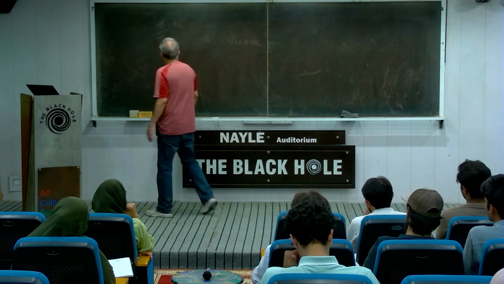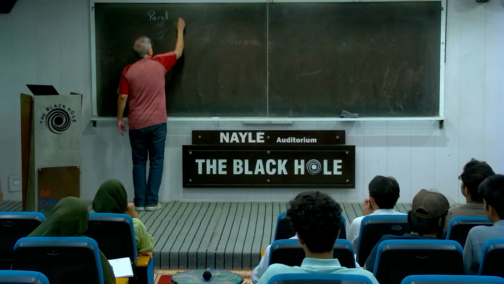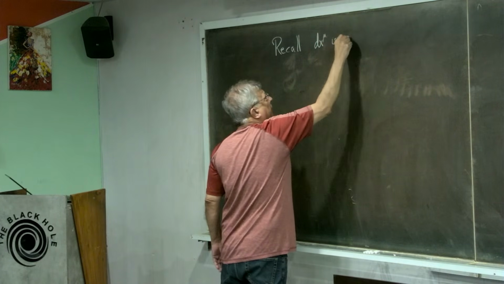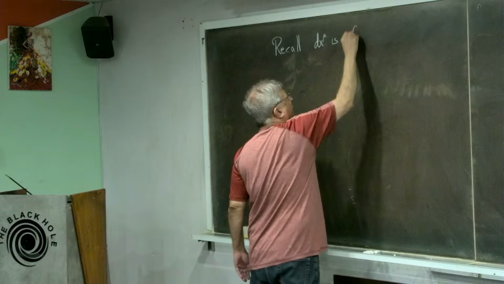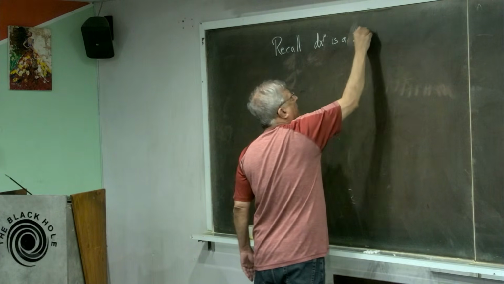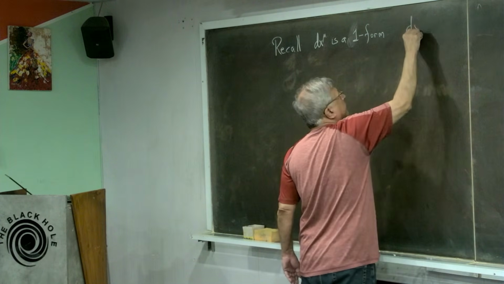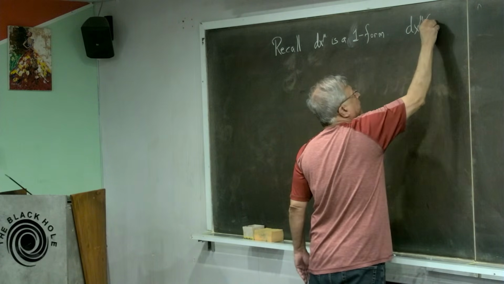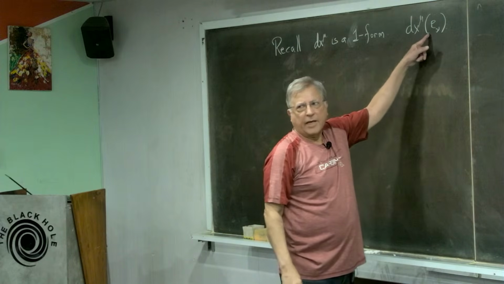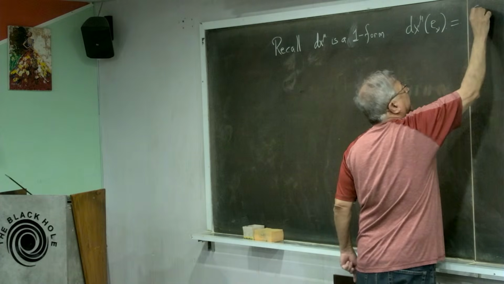So recall that dx mu is a form, one form, which acts upon a basis vector and gives you delta mu nu.